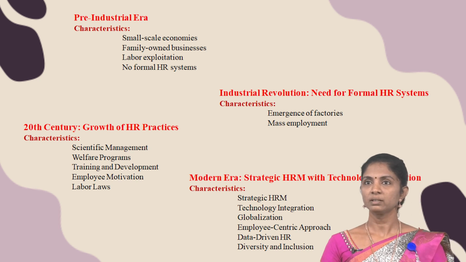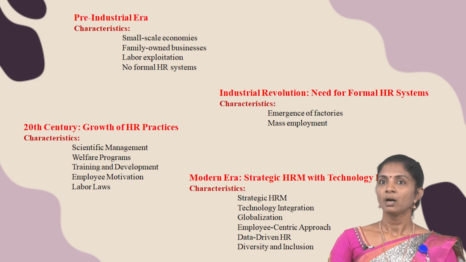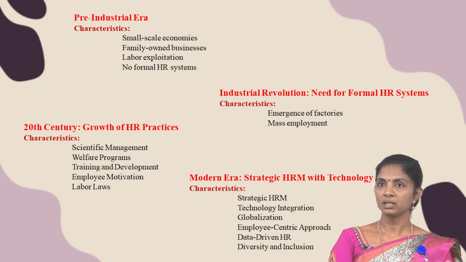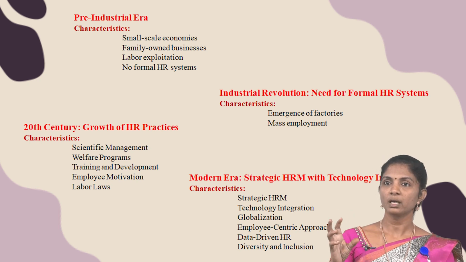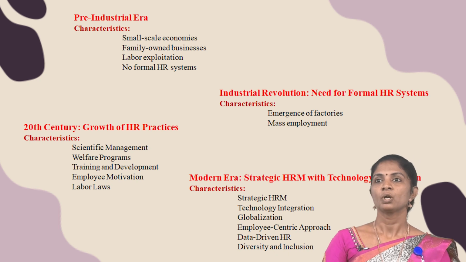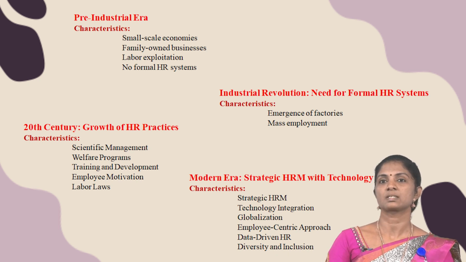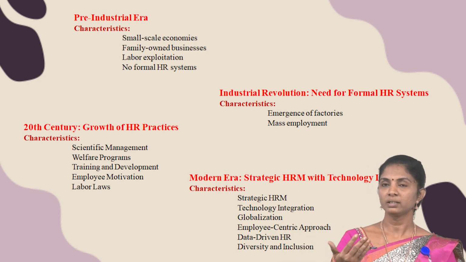So the next one is the formal human resources system. The Industrial Revolution period, between the 18th century and the 19th century, saw the introduction of formal human resource practices to manage large numbers of workers in factories. What are the characteristics of this period?